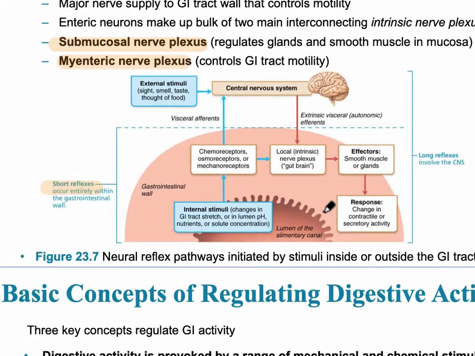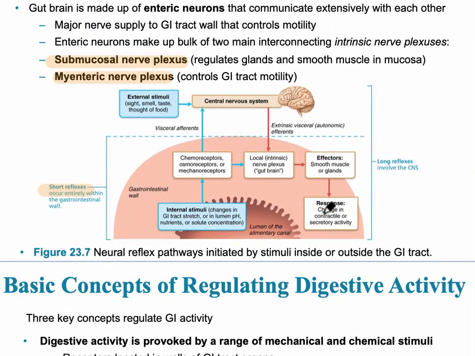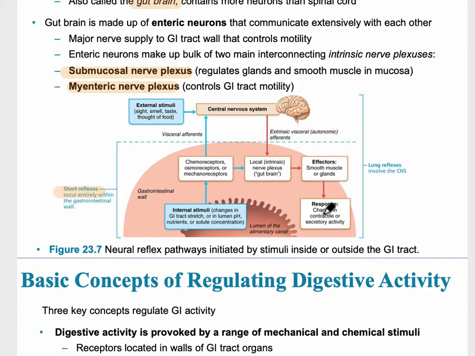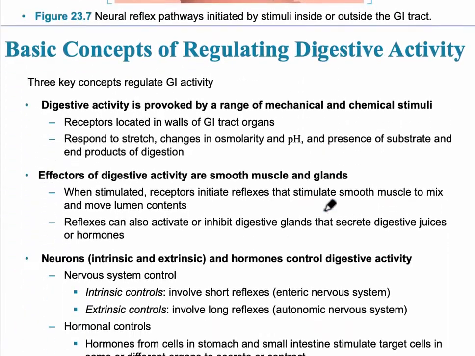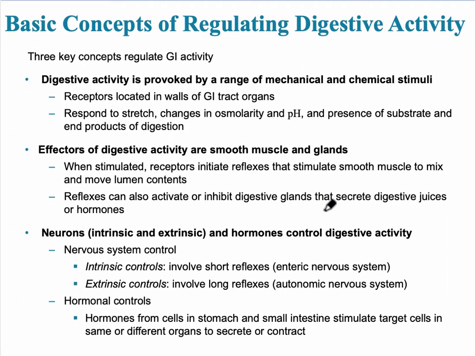There are a couple of different ways that digestive activity can be stimulated. The three concepts that regulate GI activity are, first, a range of mechanical and chemical stimuli located in the GI tract. For example, if the GI tract stretches, or if there's a change in osmolarity or pH, those can activate mechanical or chemical receptors.